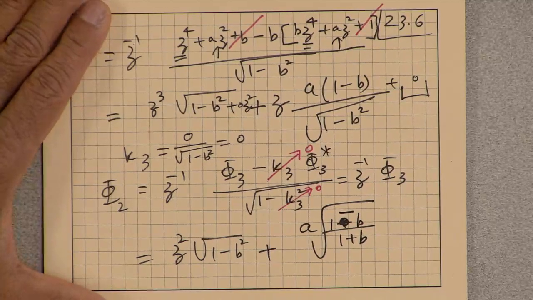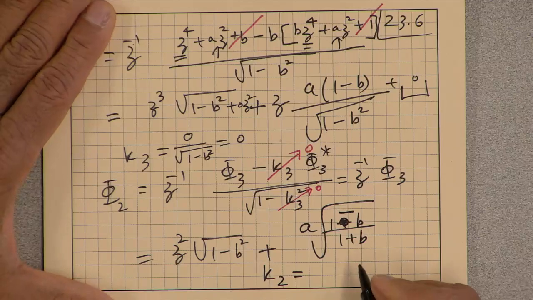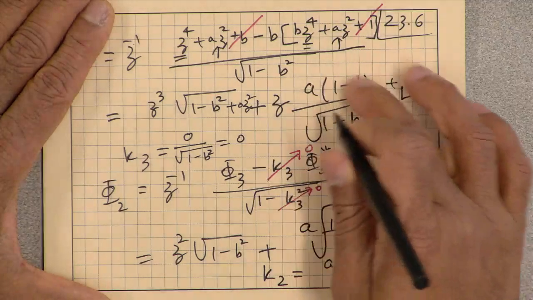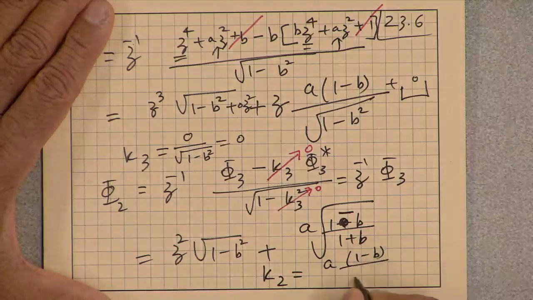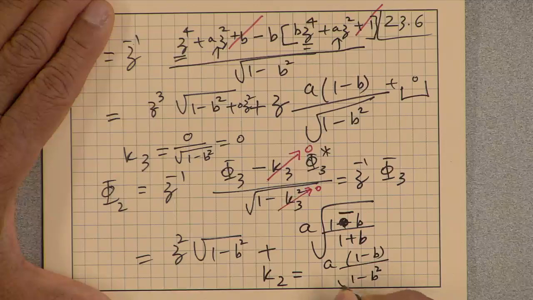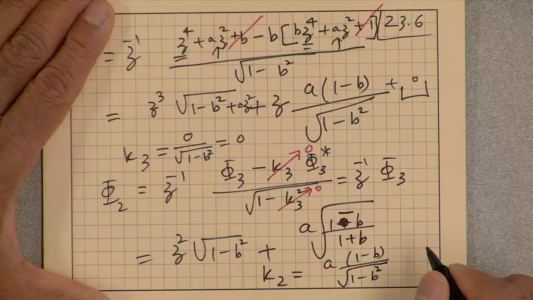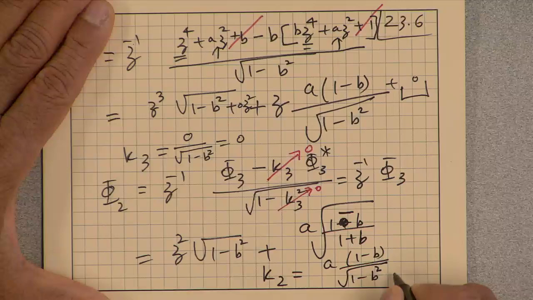And you can see that k2 is going to be a times, okay, so maybe it's easy for me to go back to that constant, a times 1 minus b by square root of 1 minus b squared, divided by the highest degree coefficient, square root of 1 minus b squared.